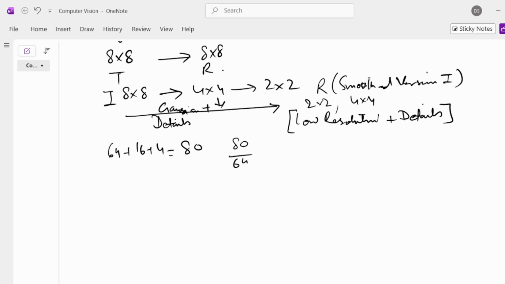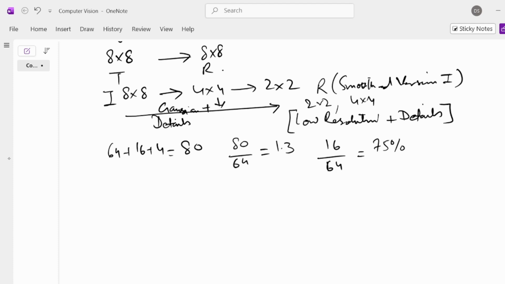So we in fact would be adding an overhead of 30%. However, if we send 16 pixels for 64, we would be saving 75% from there. Okay, so we really want these low resolution images plus details to reconstruct our original image.